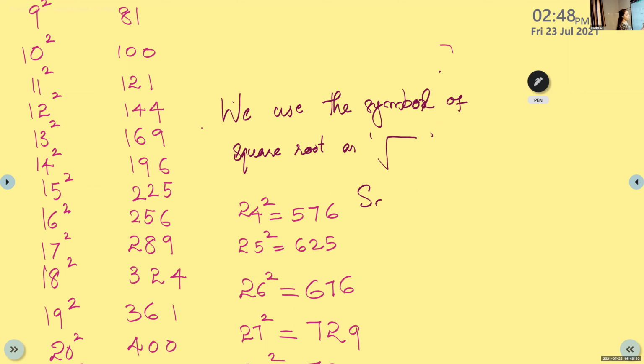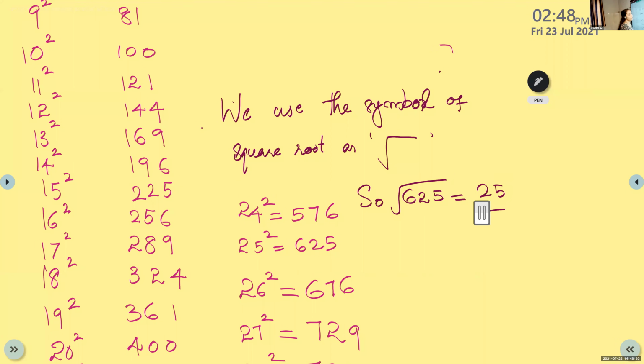So, what is square root of 625? 25. Or you write like this. What is square of 9? 3. No. Square of 9 is 81. Okay, square of 9 is 81, so we write 9 square equal to 81, right?